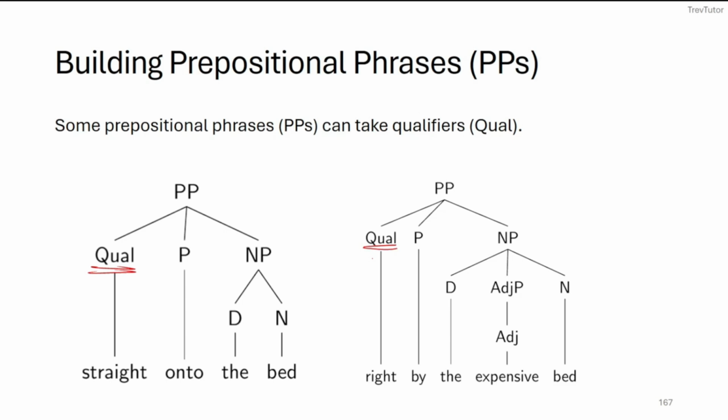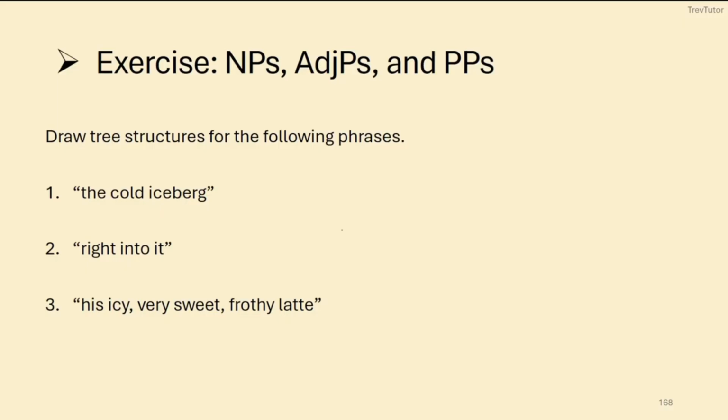If it's straight onto the bed, that means that it happened like immediately. If you say right by the expensive bed, this is kind of like a proximity thing going on. This doesn't happen too often in English, but this is an option, and this is the only type of specifier or modifier that a prepositional phrase can take.